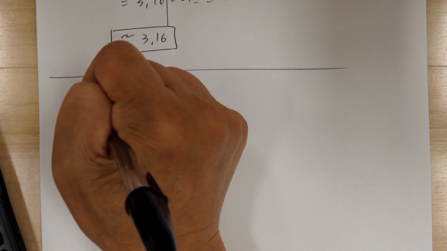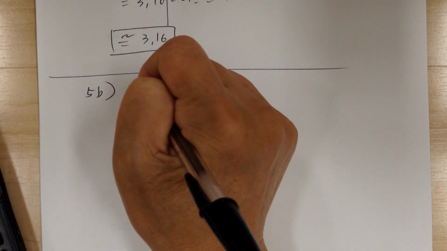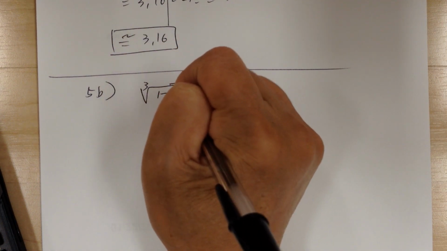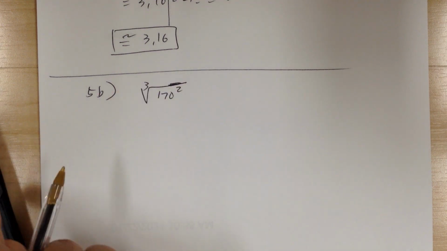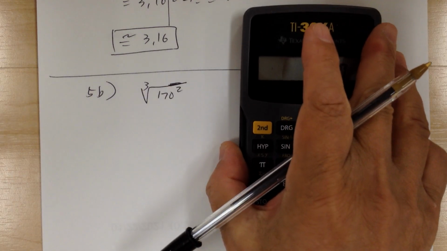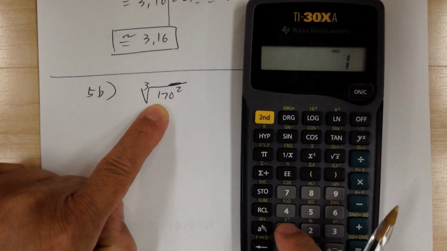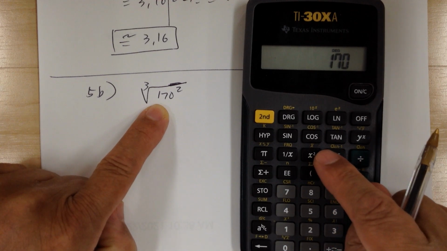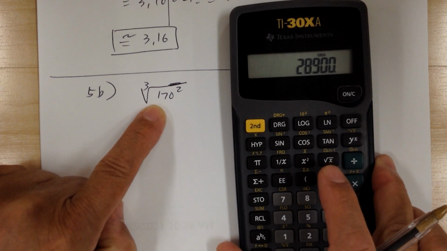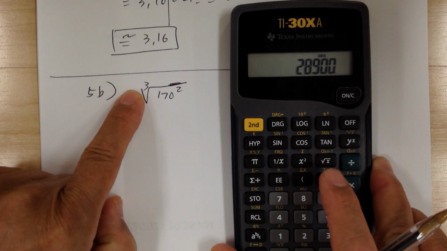Example 5b, you have cube root of 170 squared. In this case, you have to square 170 first. I have a square button, so I can use that. Then I need to take the cube root of that.